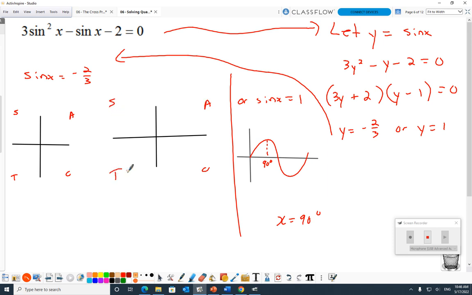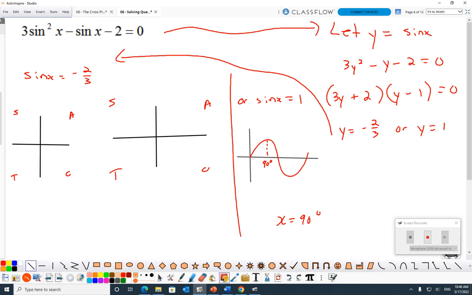You should even pause the video and go, do I know the answer to, is 2 over 3 in a special triangle? No, it sort of feels like it, because it's got a 2 and a 3, but it's not a root 2 or a root 3, so it's not in a special triangle.